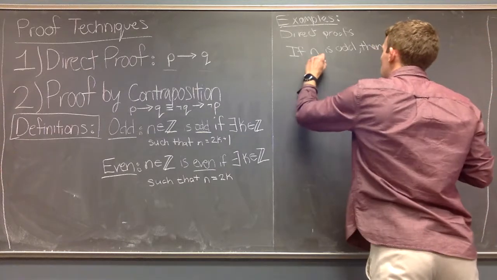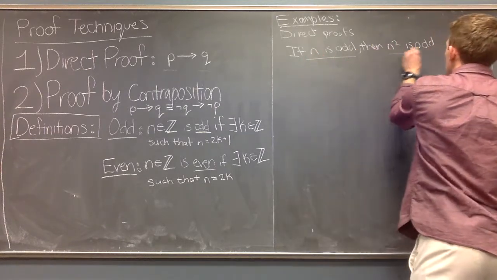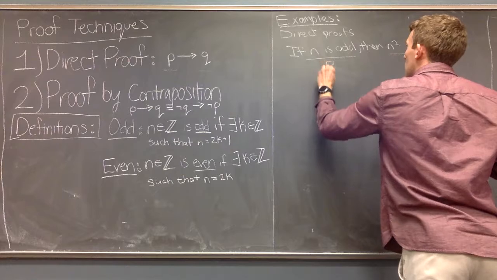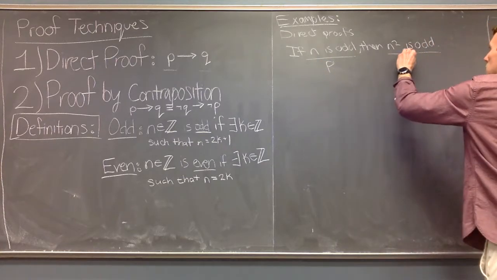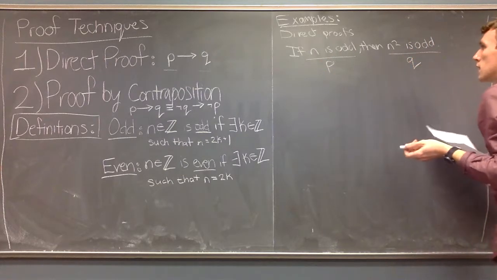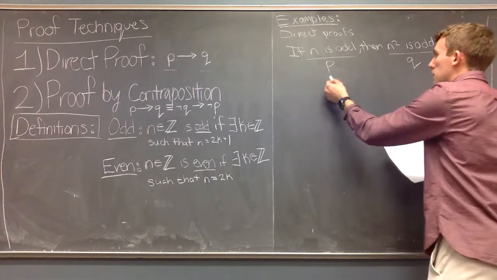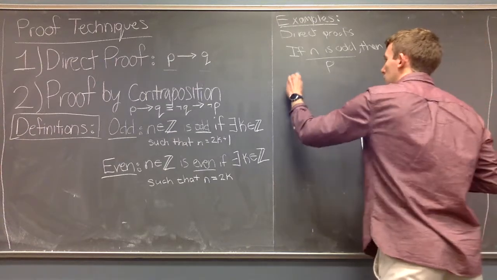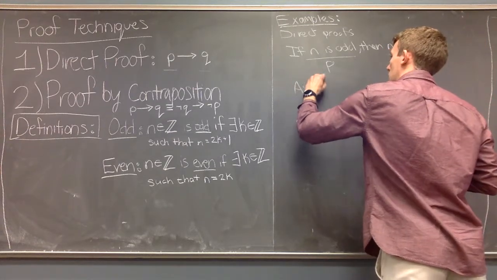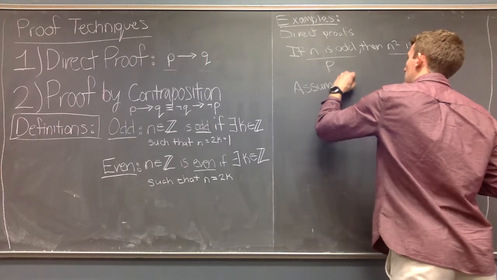So this is of the form P implies Q, where P is n is odd and Q is n squared is odd. So for a direct proof, we start by assuming that P is true. So assume n is odd.